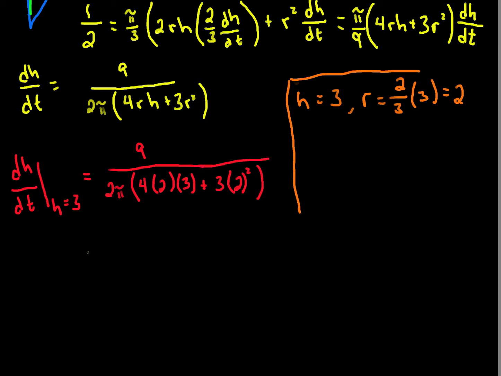And what is all of that? Well, this is 9 all over 2 pi. And here we've got 6 times 4, so that's 24.